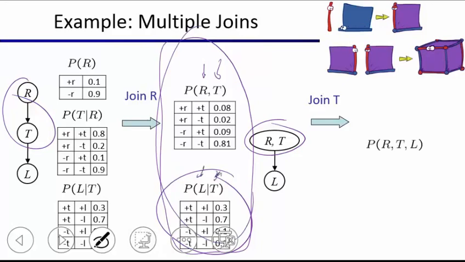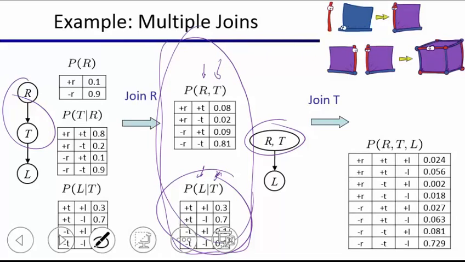We get a table over all three of them, where each entry here, for example, this entry here, minus R plus T minus L, comes from corresponding entries in these tables. So minus R plus T sitting over here, and plus T negative L sitting over here. Multiplying those together gives us this entry over here.